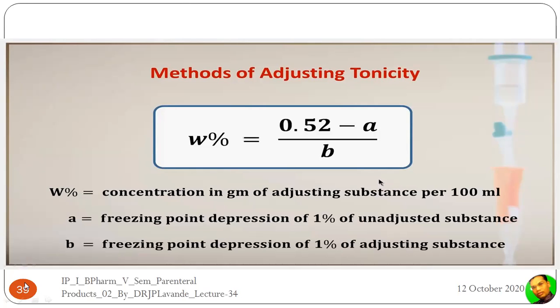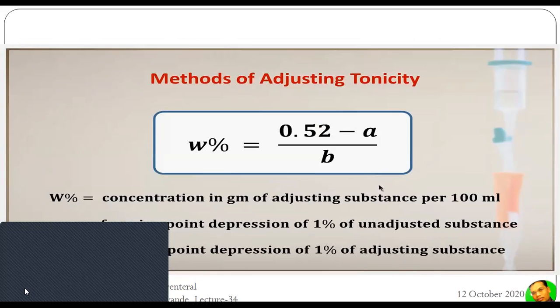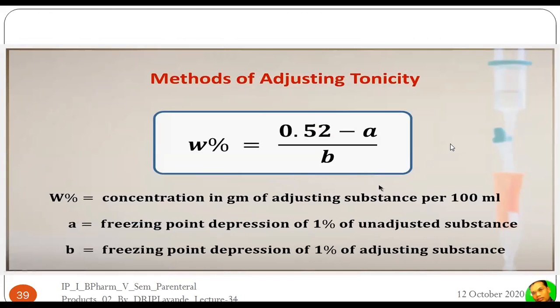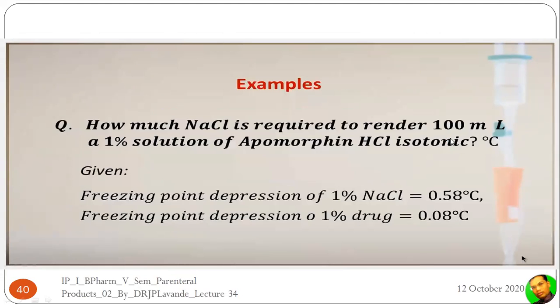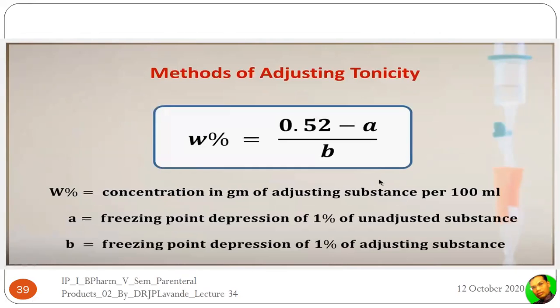You can see here there is a formula by which we can calculate the adjustment of tonicity. The formula is W percent equals 0.52 minus A divided by B. Now A and B are the freezing point depressions for the unadjusted substance and the adjusting substance respectively, at 1% concentration.